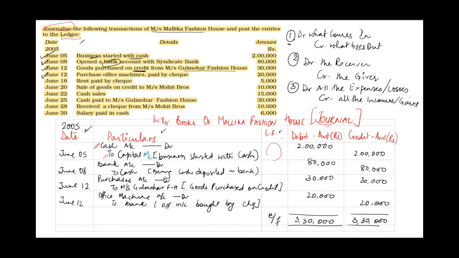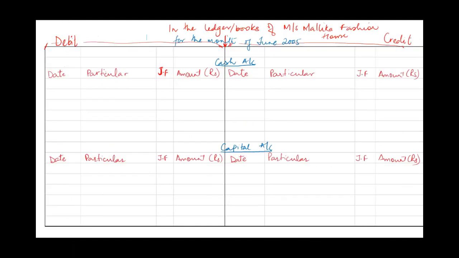So I go back, I see here cash account debit 200,000 on June 5th to capital, money brought in, right? So on June 5th, so I'll write here June 5th, cash is debit. So I will debit cash, but with what? Capital. So I will write here to capital. Amount is 200,000, 2 lakhs, right?